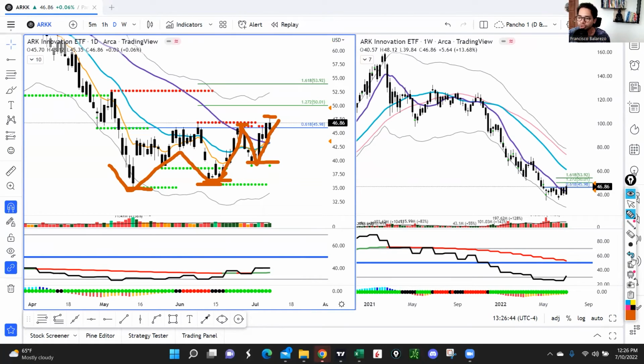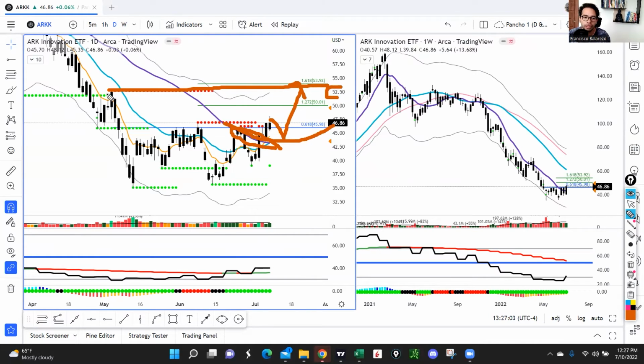And what is actually pretty interesting in ARK is that we are already trending above that declining 50 daily moving average. So now let's see if this daily moving average kind of starts to move to the upside. Let's see, we have a retest of that moving average, and then we have a really strong bounce to the upside. And my first target is going to be somewhere around 52.50, which is this previous high right here.